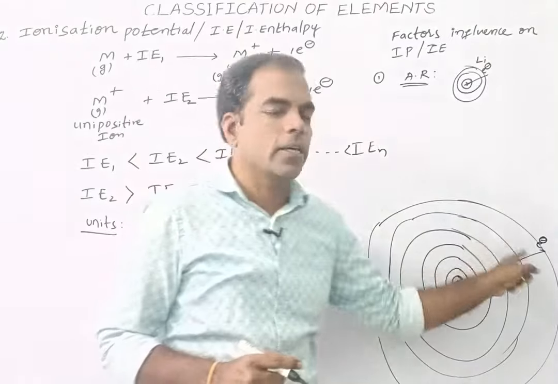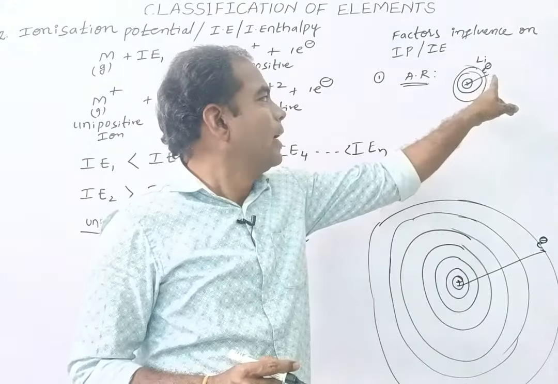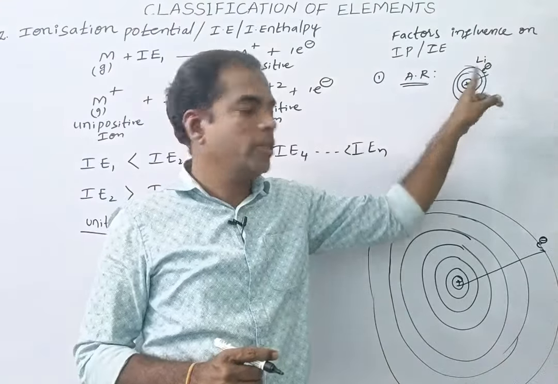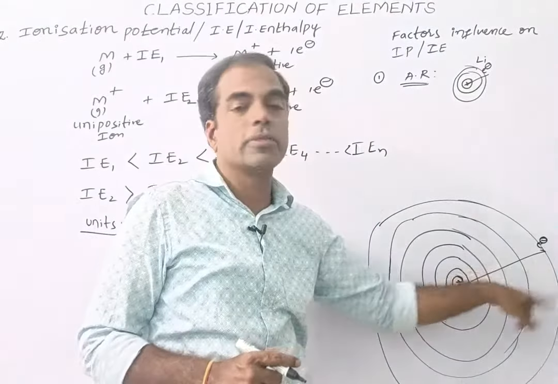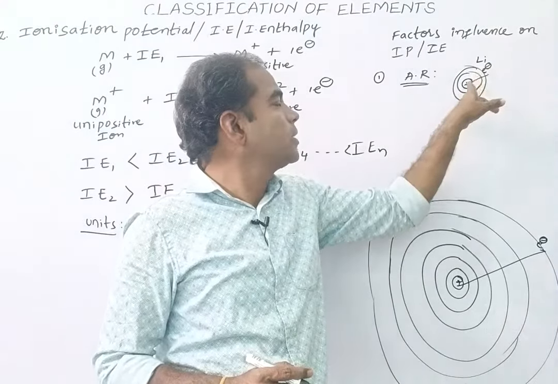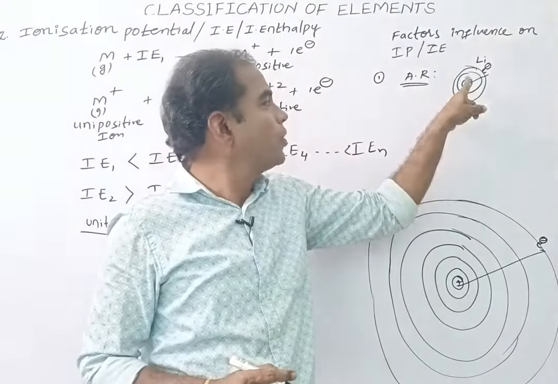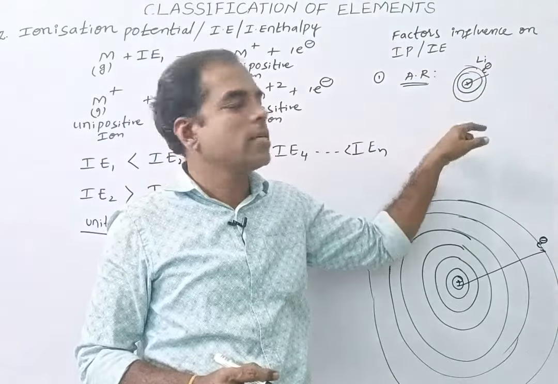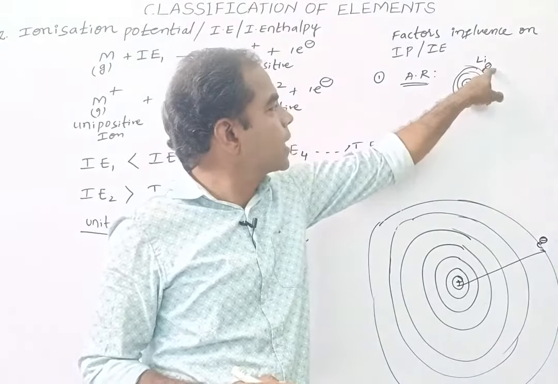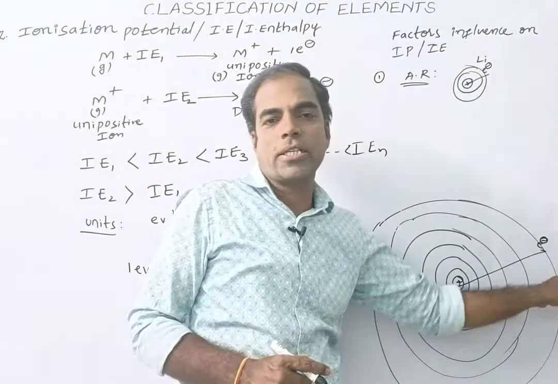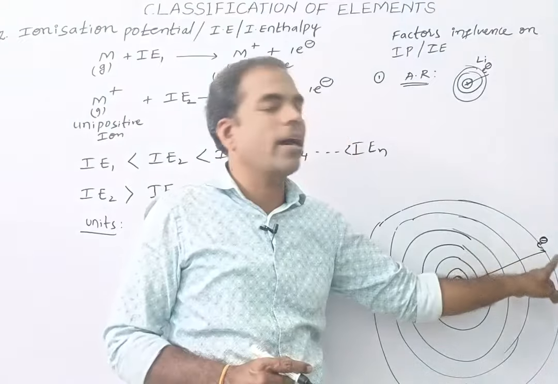To remove the electron, the small atom, lithium, requires more energy. In a small atom, the distance from the nucleus to the valence electron is less. Atomic radius is less, which means the electrons are strongly attracted towards the nucleus. Here there is a large distance from the nucleus to the valence electron.